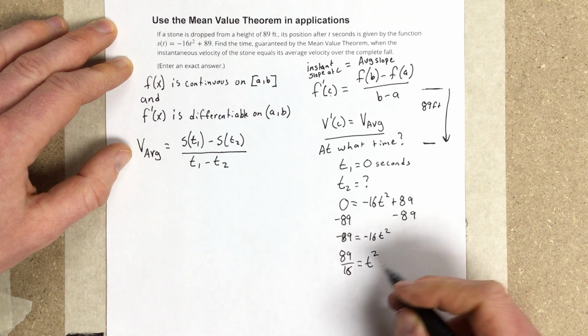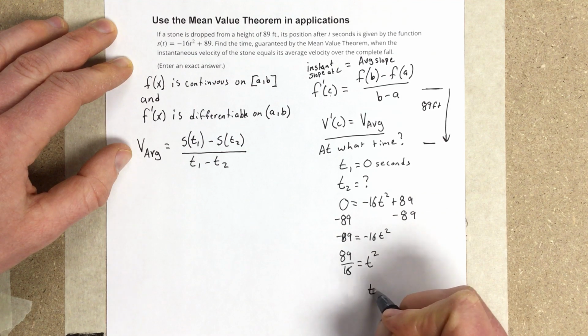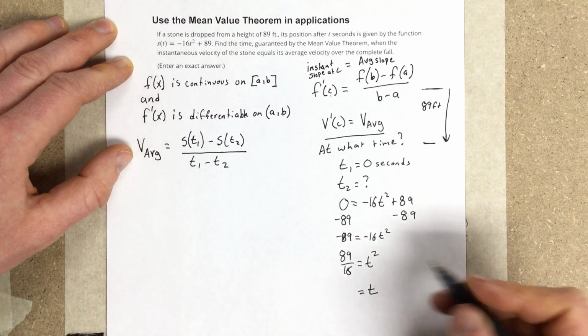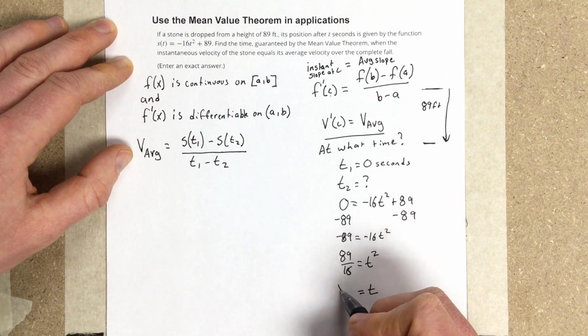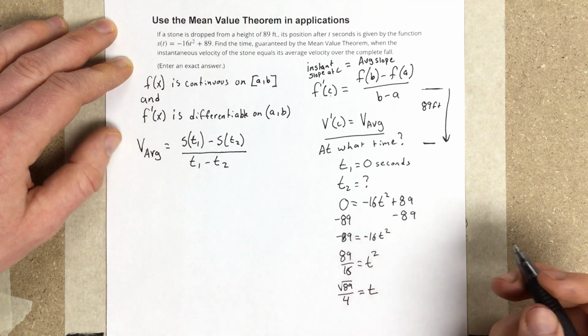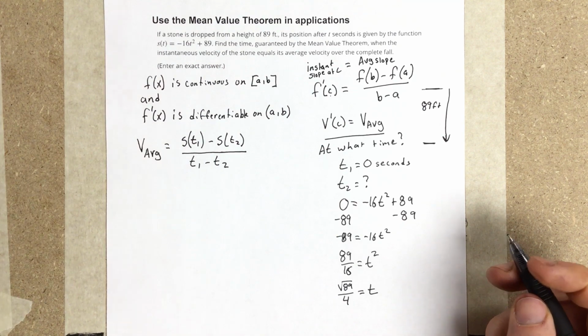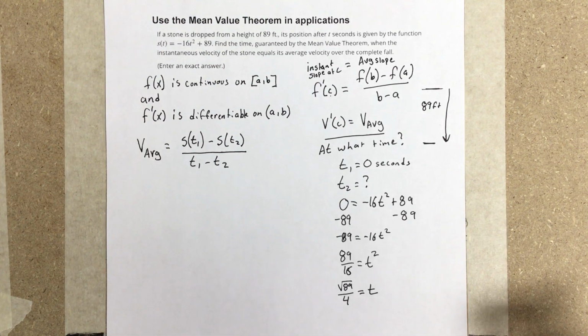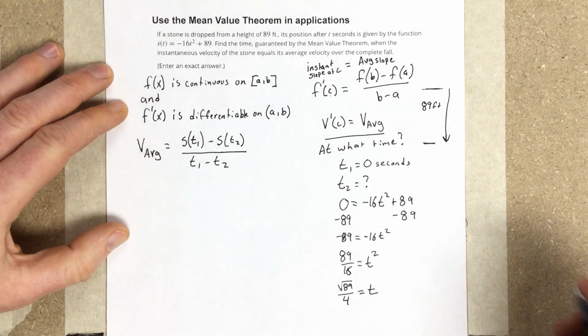And then I'm going to take the square root on each side. So I get t is equal to root 89 over 4, because the root of 16 is 4. And I don't have to worry about a negative here because I can't have a time which is negative. So now what I can do is go through and find the average velocity.